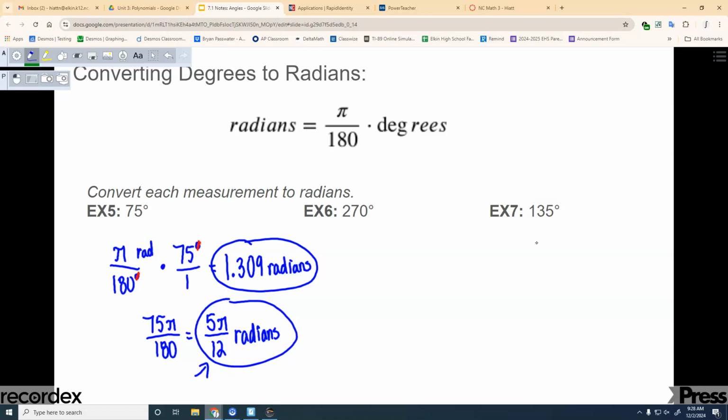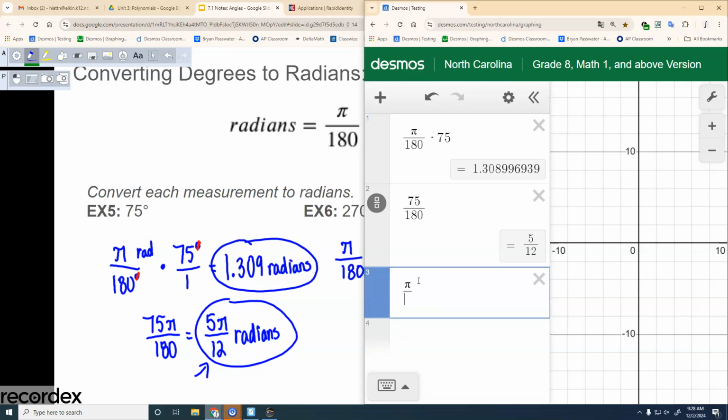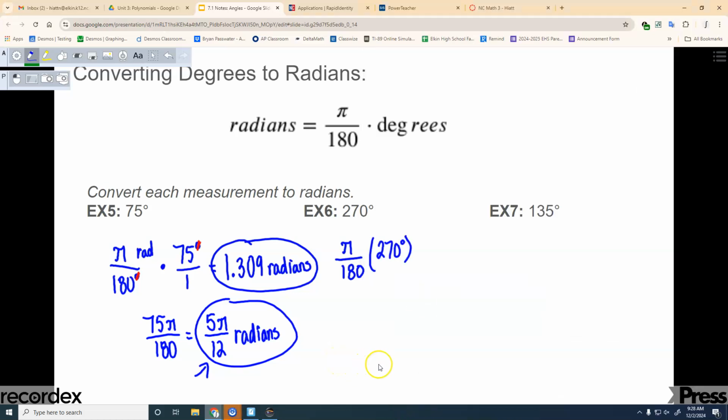So if we want to change 270 to radians, we would do pi over 180 times 270. I could just type the whole thing in and get a decimal, 4.712 radians. But you're probably not going to see that.